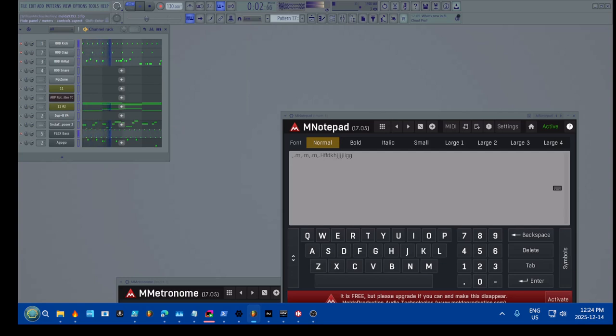But this is about Melda, right? So what else does it do? You have the ring mods and comb filters, all these frequency shifters, like a pitch shifter.